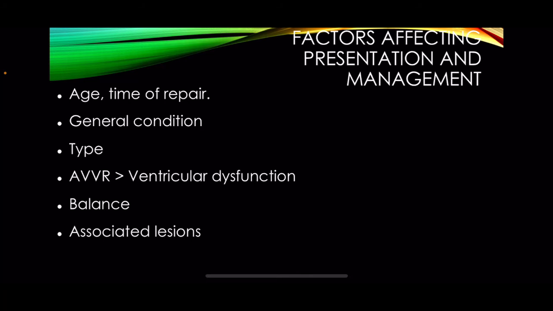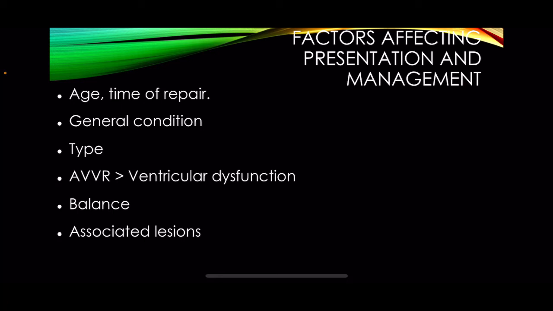Factors that can affect the presentation and the management of those patients. If I have a child who presents in the first few days of life or presents very early, this is a very severe form of the disease, because usually the pulmonary vascular resistance of the child is high in the first month or two, and this high pulmonary vascular resistance protects the lung from the effect of the increased pulmonary blood flow at this age.